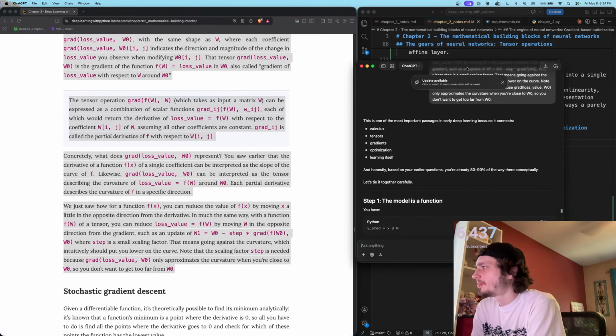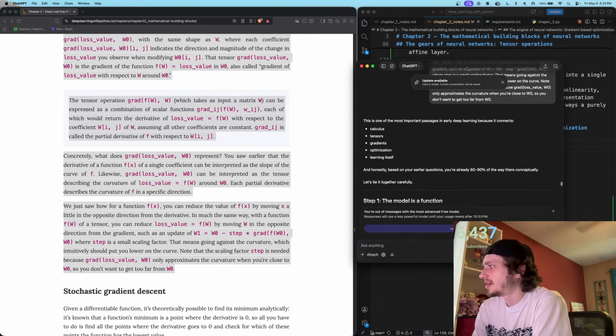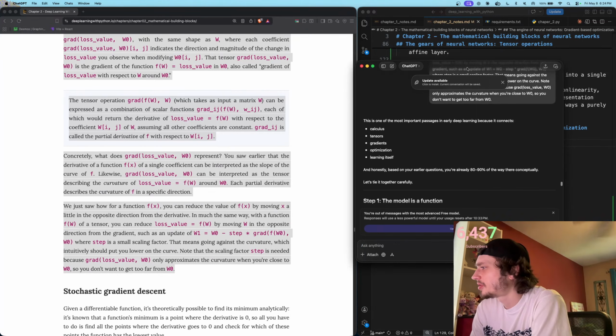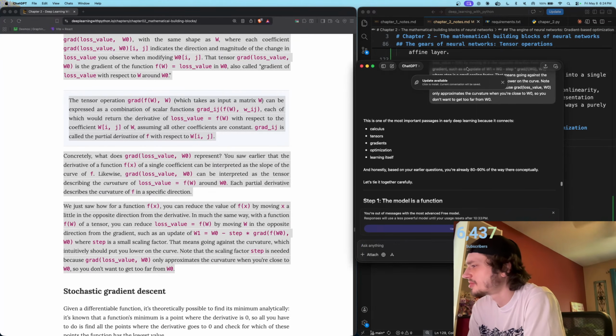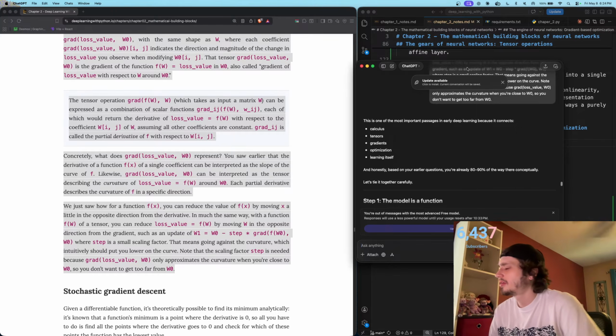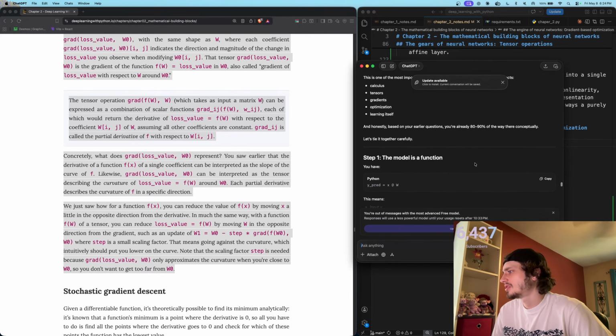This is one of the most important passages in early deep learning because it connects calculus, tensors, gradients, optimization, and learning itself. And honestly, based on your earlier questions, you're already 80 to 90% of the way there conceptually. Let's tie it together carefully. The model is a function.